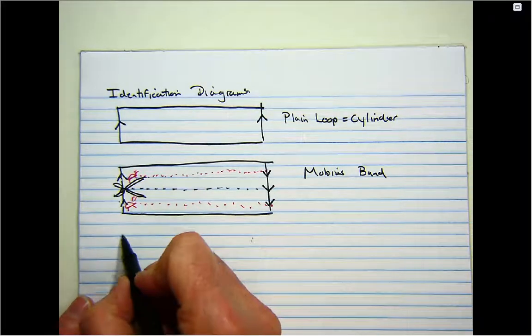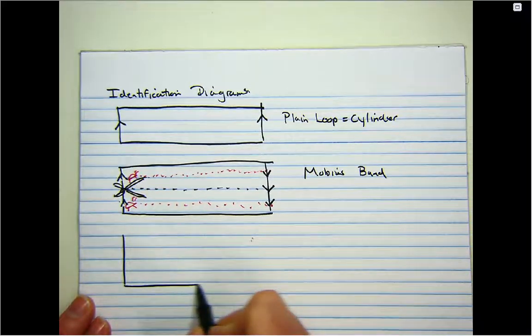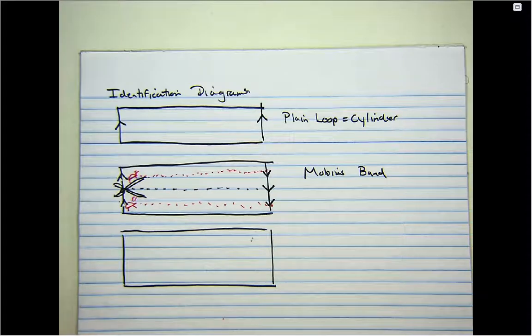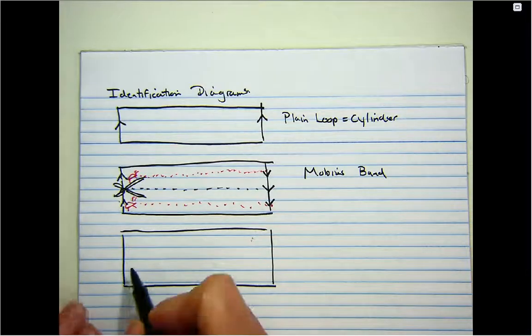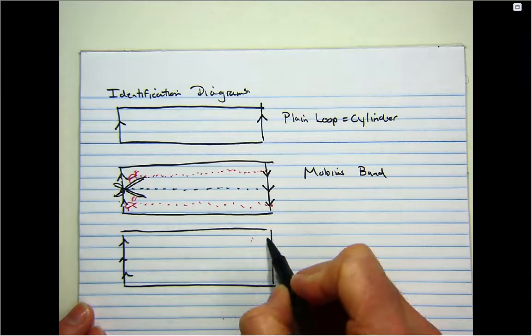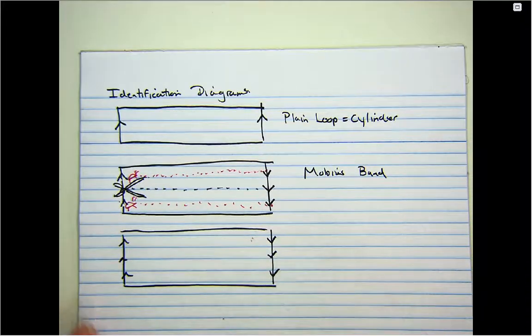Let's see if we can use the identification diagram to see why, when we cut the edge off, we got 2 loops. 1 long skinny loop and 1 short loop. So we have these arrows to show that we make a half flip because 1 set of arrows is pointing up and 1 set of arrows is pointing down.